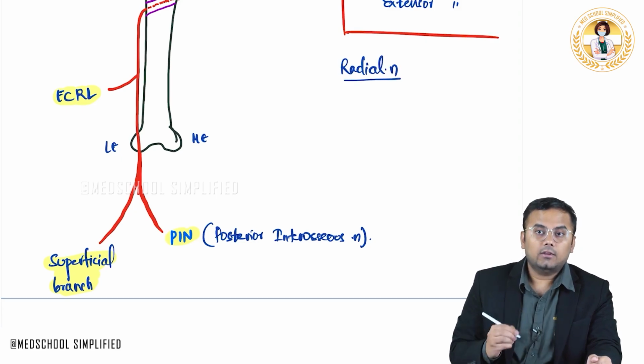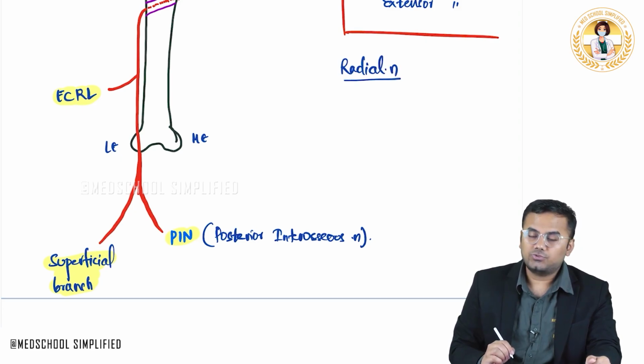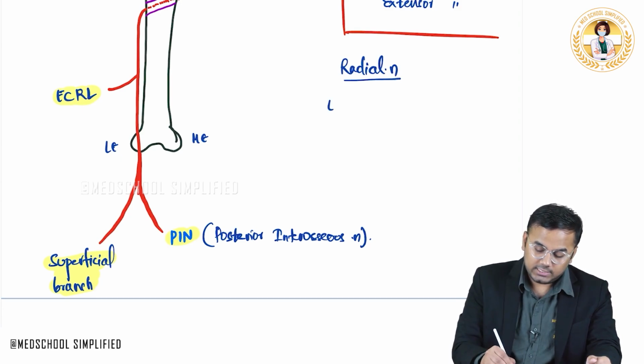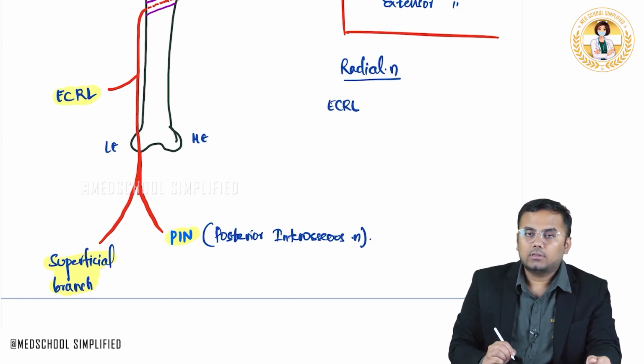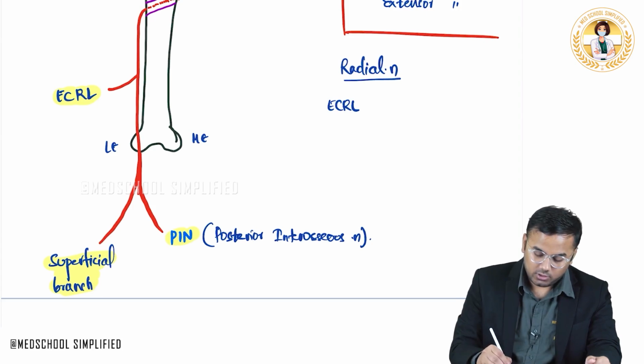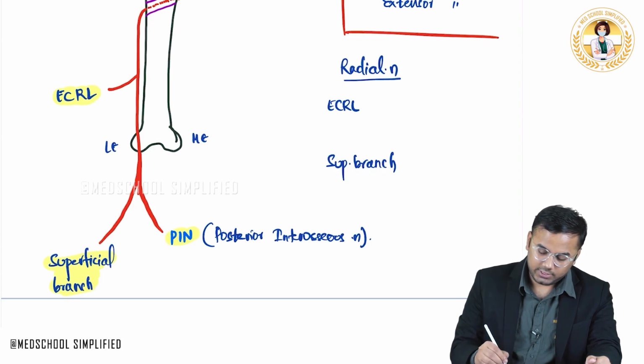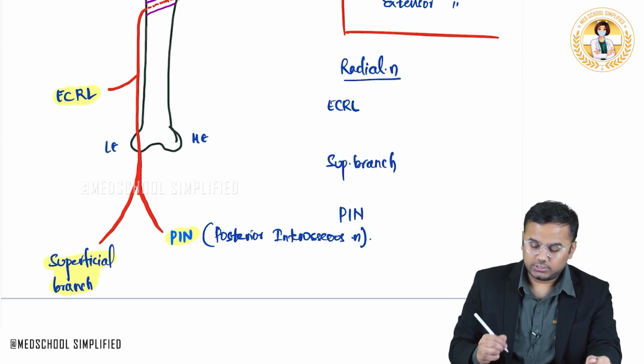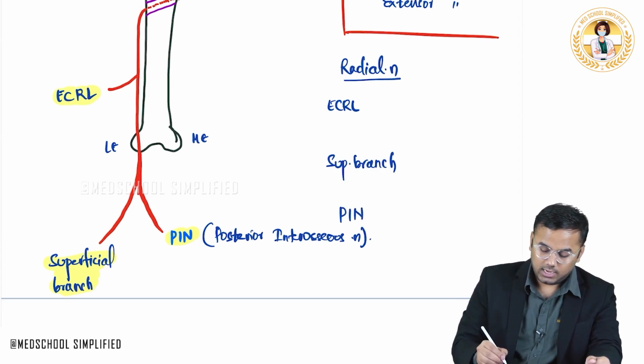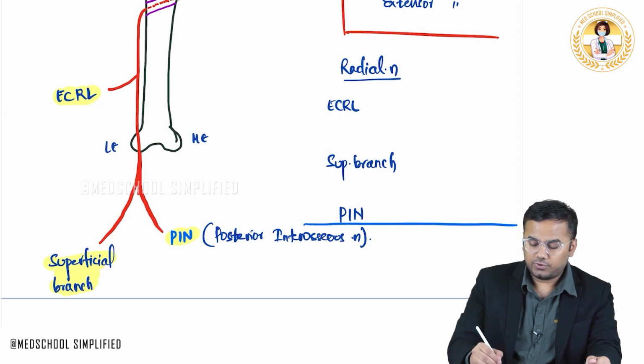What are the branches which we have? The first branch is extensor carpi radialis longus. Then we have the superficial branch. And finally we have the posterior interosseous nerve. So these are the three important branches which we have written.